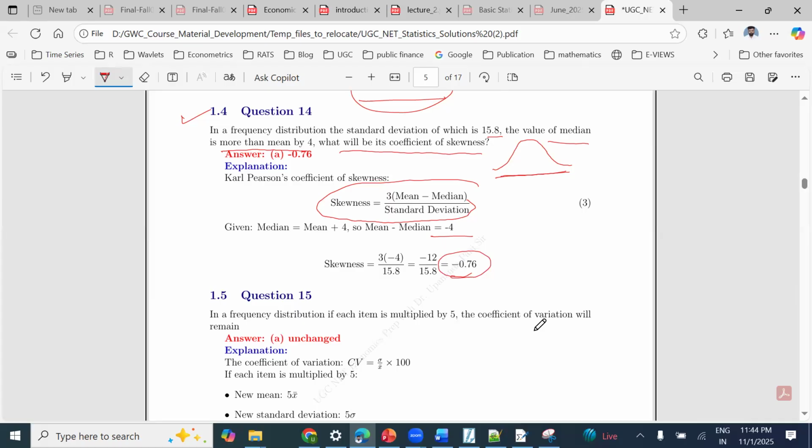Is it correct? Yes, sir. And in case of positive skewness, mode is greater than median, and median is greater than mean. Very good, excellent. It means you have remembered what we have discussed.